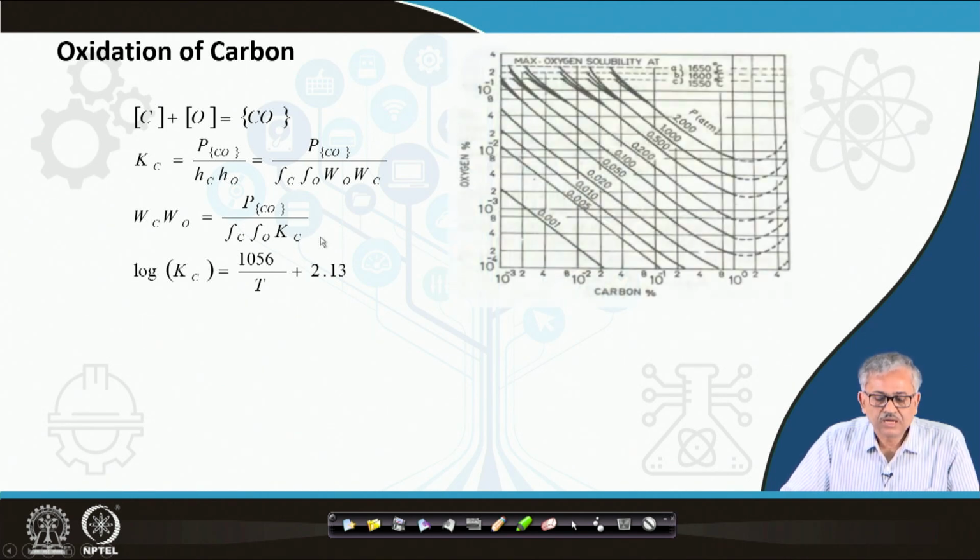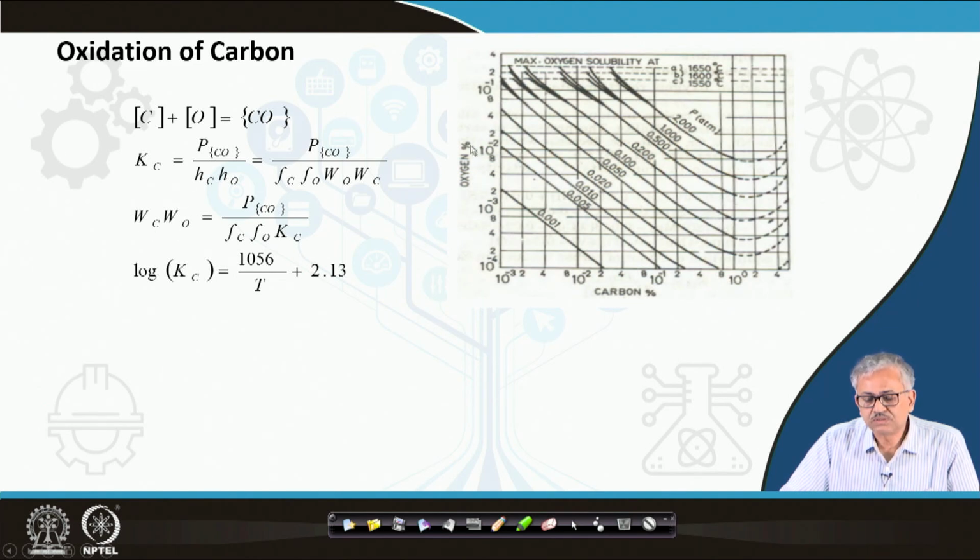At different pressures you have different correlations. The solubility product wC times wO is a constant at a particular pressure and temperature: P_CO is constant at a particular pressure, Kc is constant at a particular temperature, and the activity coefficient for a particular composition is also constant. So the solubility product, the left hand side, is a constant.